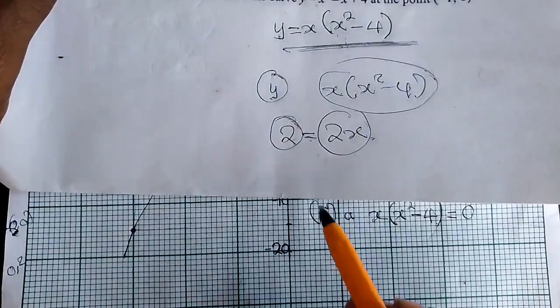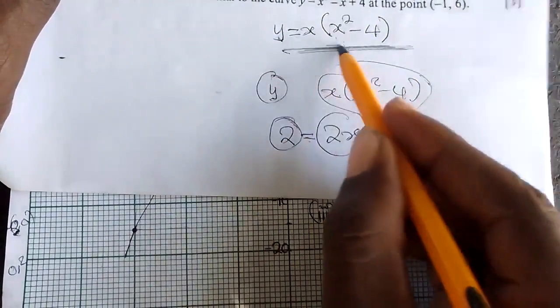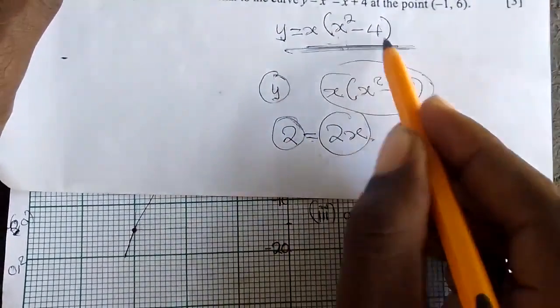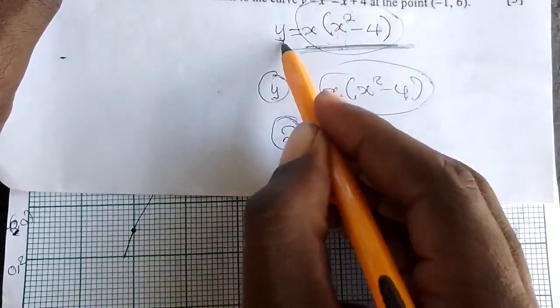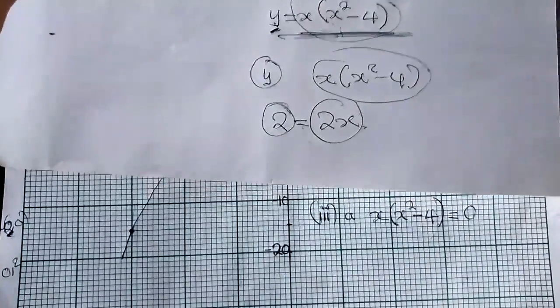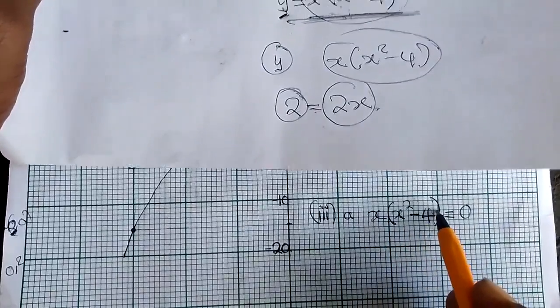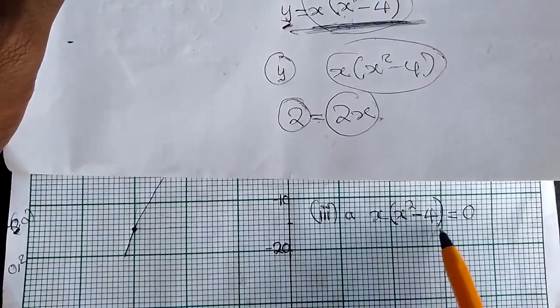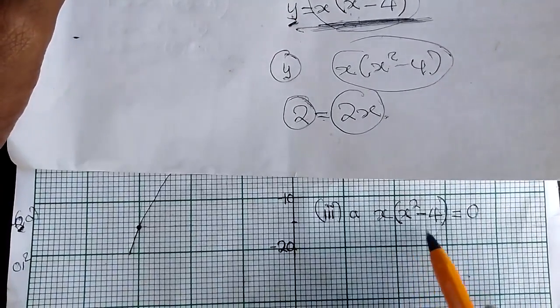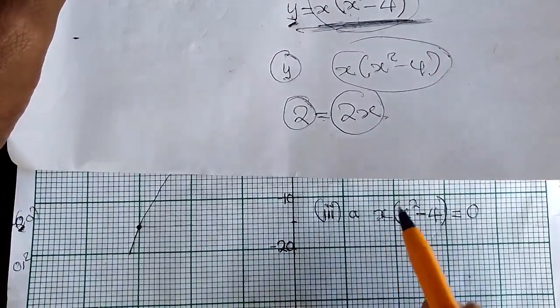So what you're going to do is that where there is y, it's just the same as this. Anywhere you see this, it's just the same as you've seen y. So let's go to this now. X squared minus 4. Is it the same as that? Check properly. Help me check. Are these two the same?